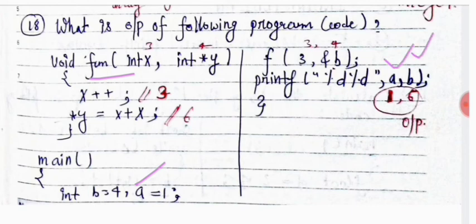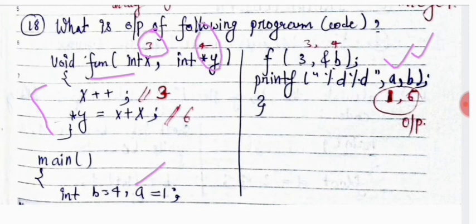Now come to the function fun, which carries two parameters x and y. After putting in the values, x is equal to 3 on the basis of call by value, and y is equal to 4 by call by reference.